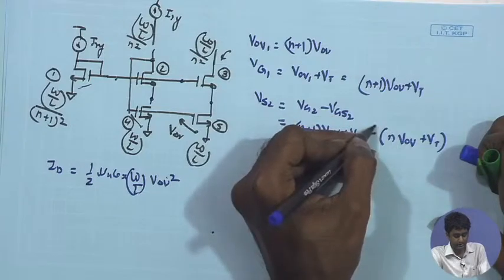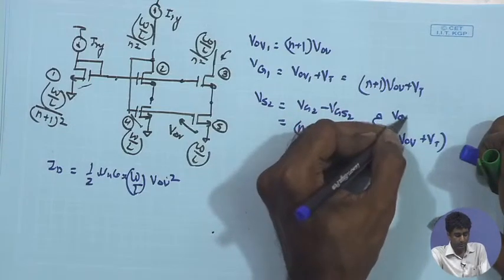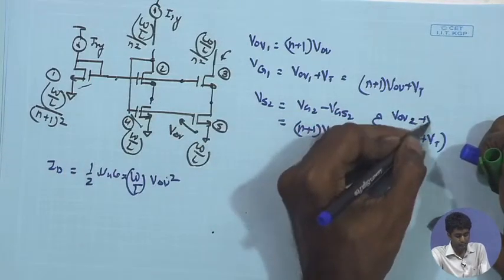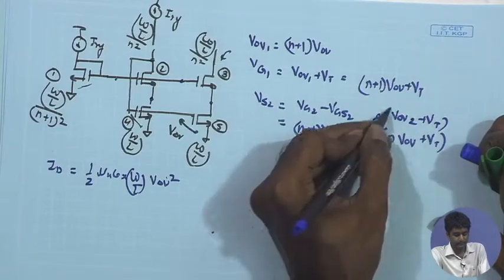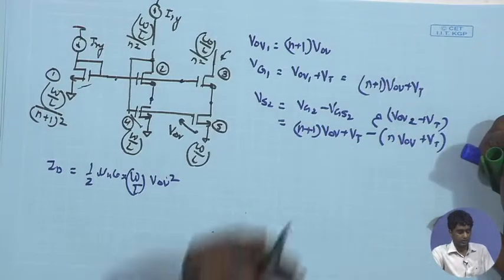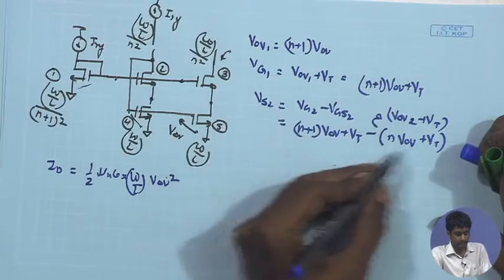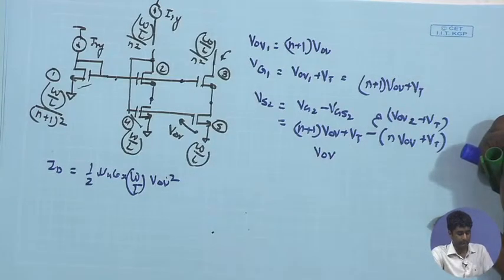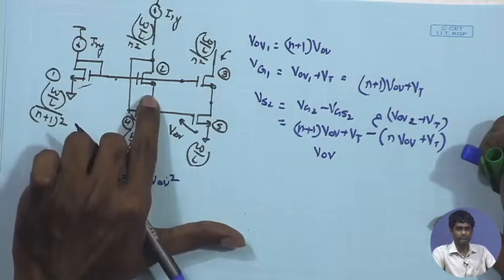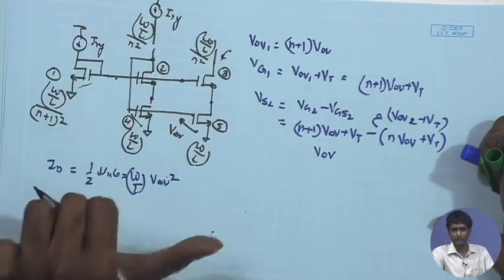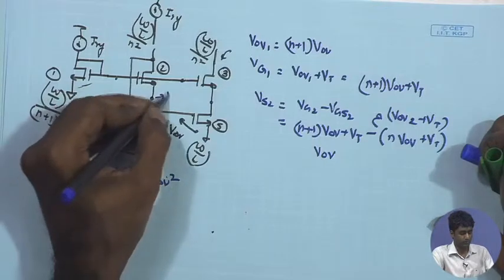This is basically the same as V overdrive 2 plus Vt2. I am assuming all the Vt's are the same. So, I can see that the n V overdrive cancels, Vt cancels, and you are just left with V overdrive. So, the source potential of M2, you are forcing it to V overdrive. So, this is now V overdrive.